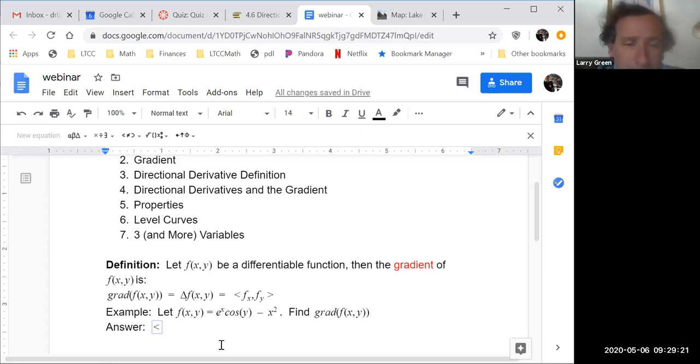So what is the gradient of f of xy? I'll see you all jumping in the chat box or talking, but hopefully you will.